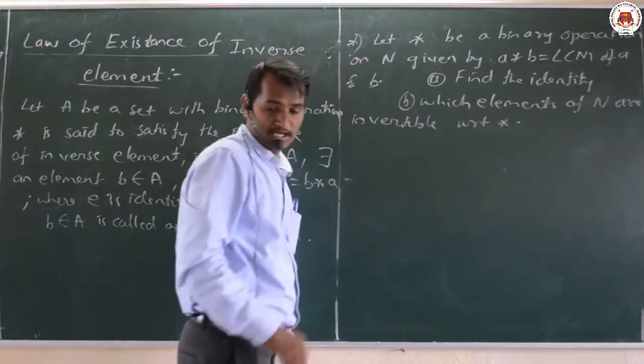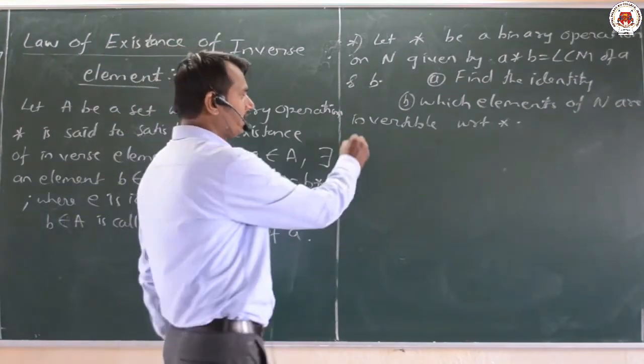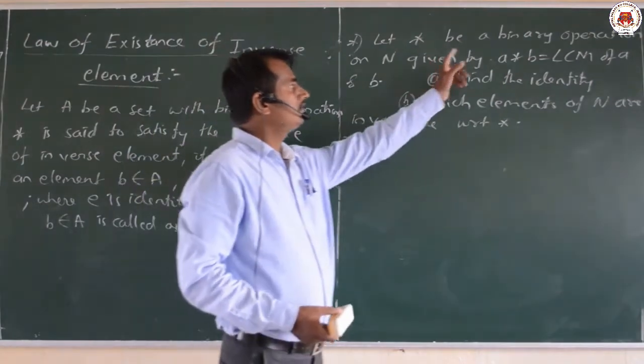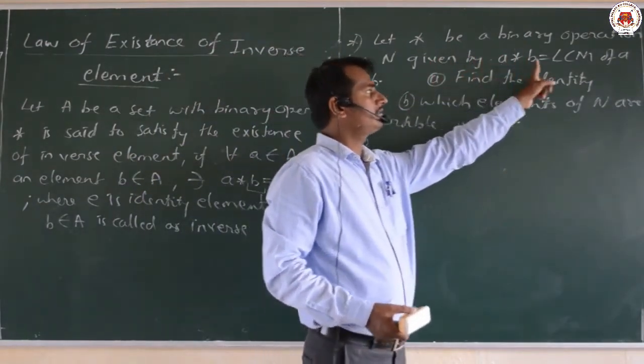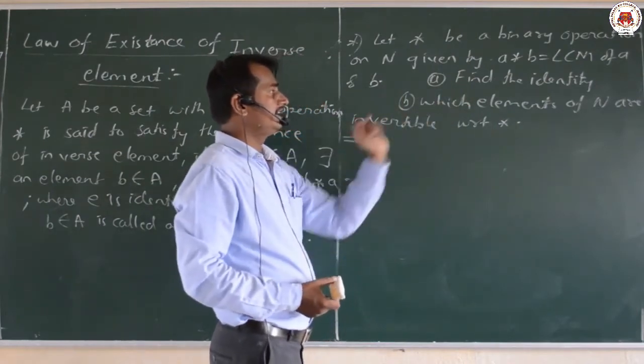Very, very simple example. Now first of all, the operation is defined by a star b equal to LCM of a and b. Now find the identity.